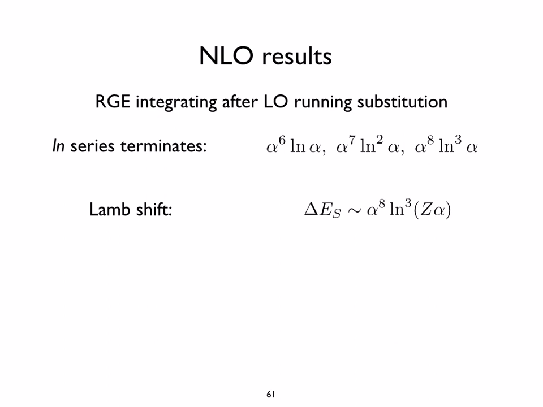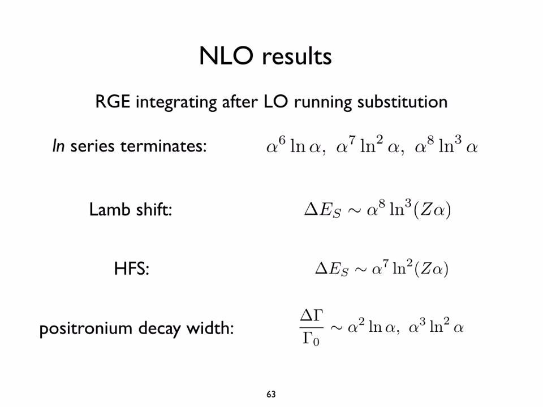Also, it's possible to predict the contribution to the hyperfine splitting of the S level, which is of order alpha to the 7th log squared alpha. And if we treat the imaginary part of the energy as a contribution to the decay widths, then we can also evaluate the positronium decay widths of order alpha squared log alpha and alpha cubed log squared alpha.